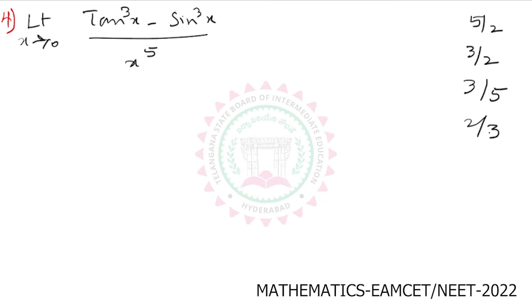Right? This is also asked in the 2019 examination. What is the question? Limit x tending to 0, tan cube x minus sin cube x by x power of 5.